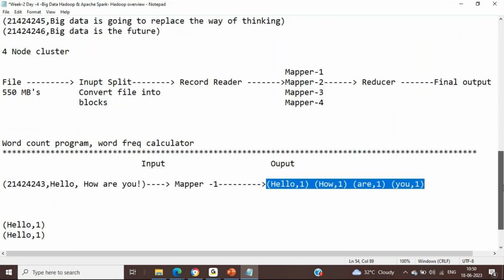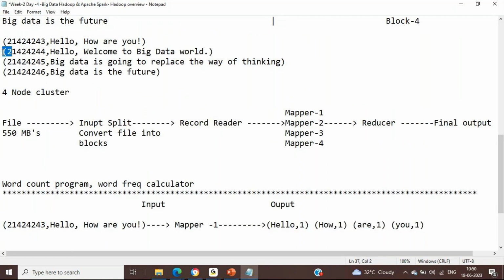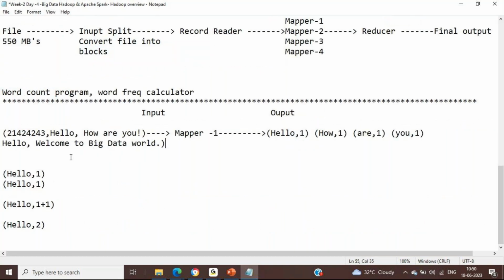In the same fashion, what will be the output from mapper 2? So it will look like this. Input I need to map on.